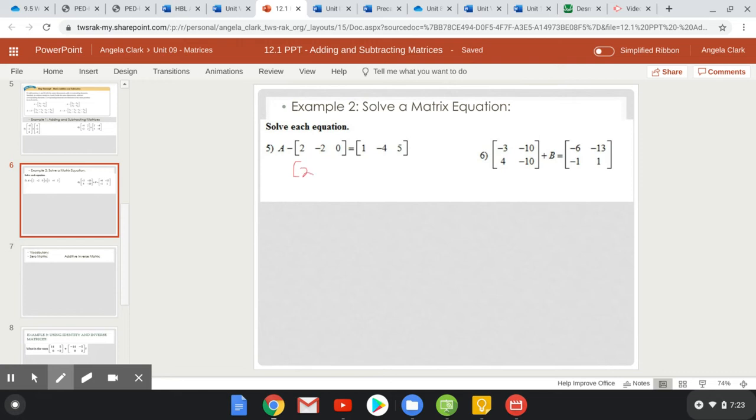So I have 2, negative 2, 0, and 2, negative 2, 0. So I'm adding it to both sides. Sorry, I kind of ran out of room there. And that negative doesn't look negative. There we go. I'm adding it to both sides.